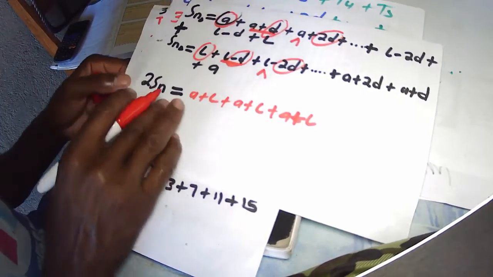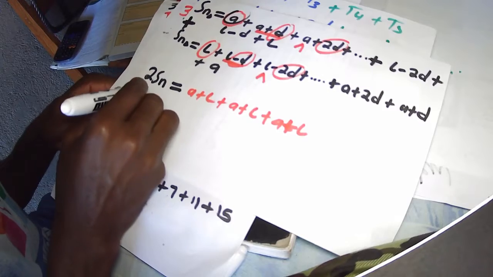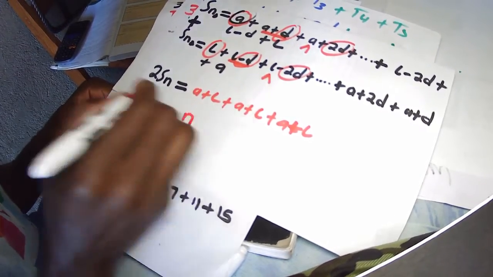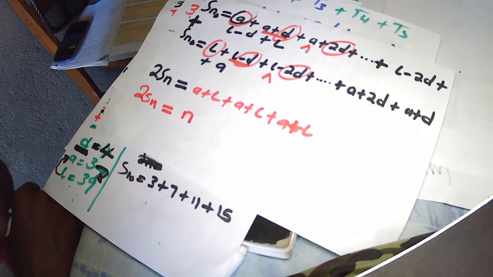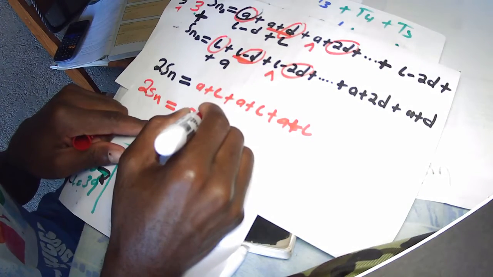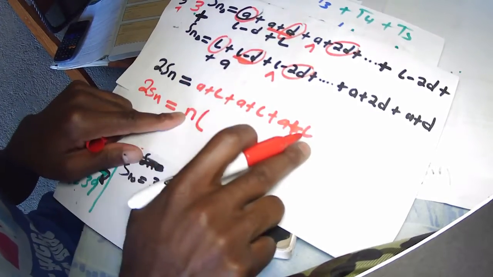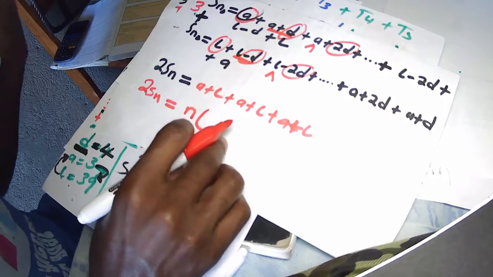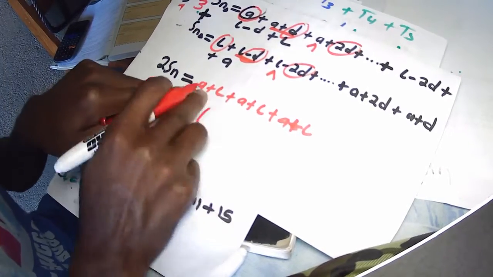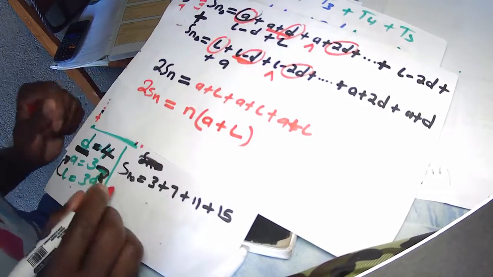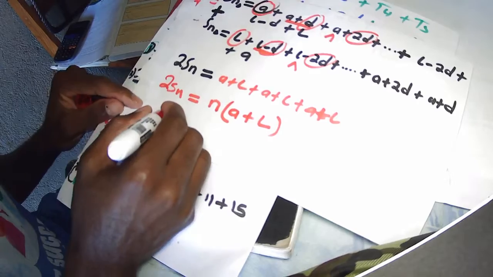So what is it that we are going to get? We are going to get 2Sn is equal to n, for some time, multiplied by a plus l, for some n number of times which we do not know, but repeatedly of a plus l. I hope you guys understand.